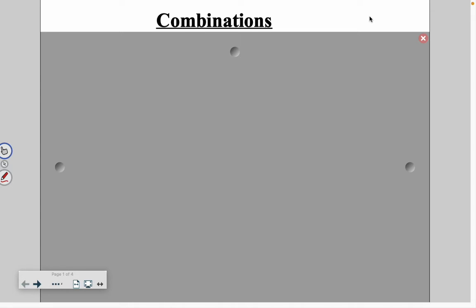Okay? So here's the difference between a permutation that we did yesterday and a combination like today. I'm going to actually use, we didn't go over it, but number 25 where they talked about dice and how many different ways could you roll two dice. Okay, different combinations could you come up with. So the difference between a permutation and a combination. A permutation, the order of the dice matters.